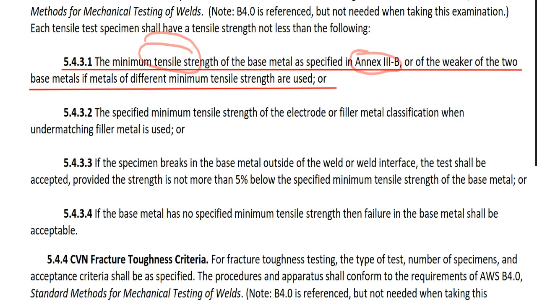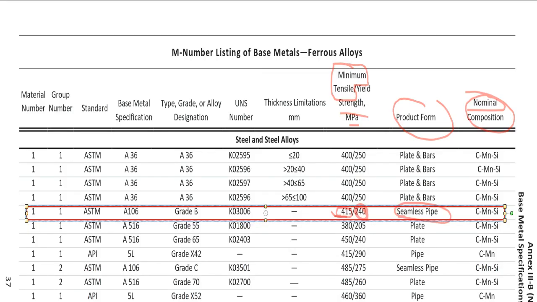This is Annex 3B. If you weld two different metals, like ASTM A106 grade B and ASTM A106 grade C, then it says the weaker of two base metals if metals of different minimum tensile strengths are used. The criteria for the minimum tensile strength is the weaker of the two metals.